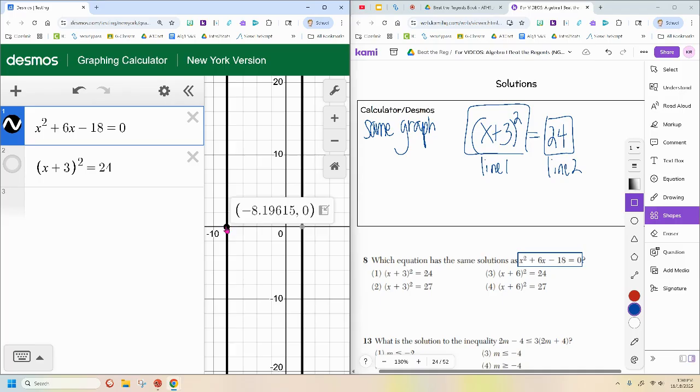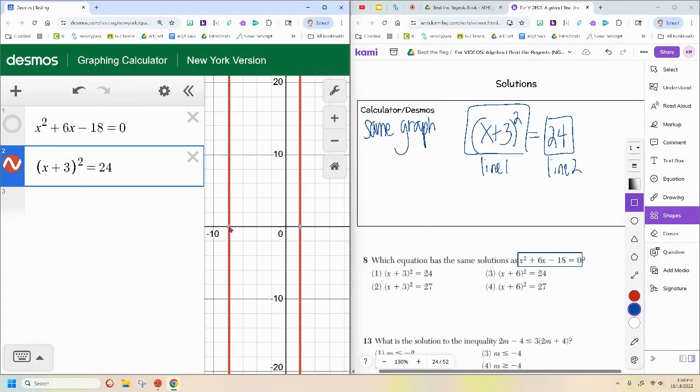Here, we had negative 8.19. Here, oh, let's see, I got to turn off the black one. Here, negative 7. This is not the same. So this is very interesting to me. I think this is an update with Desmos that is new for this year. That's good. All right, so I'm going to put those back.